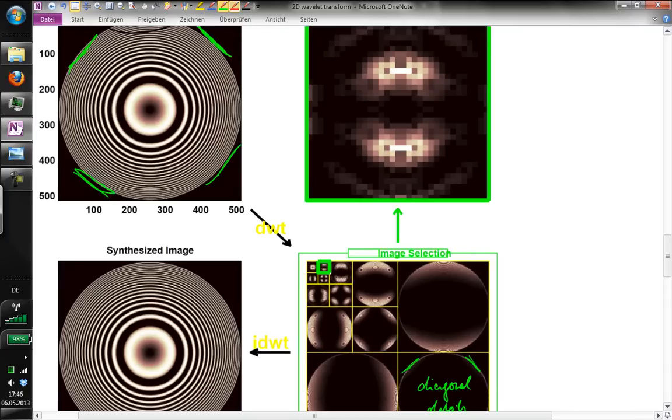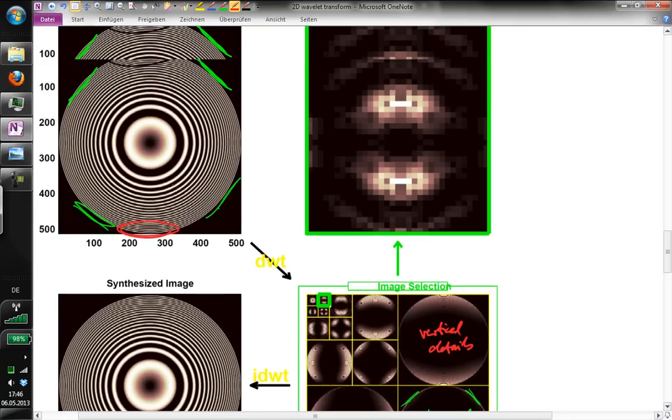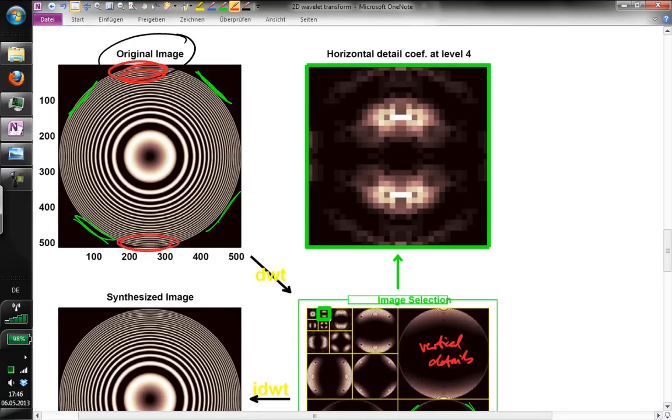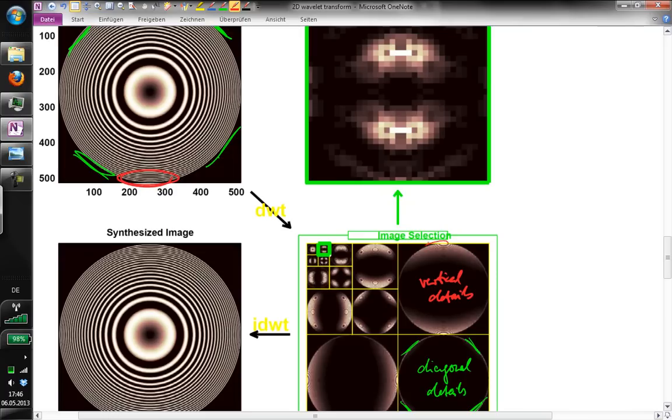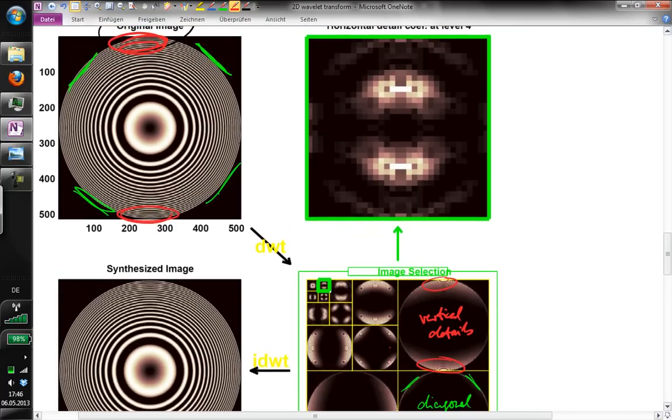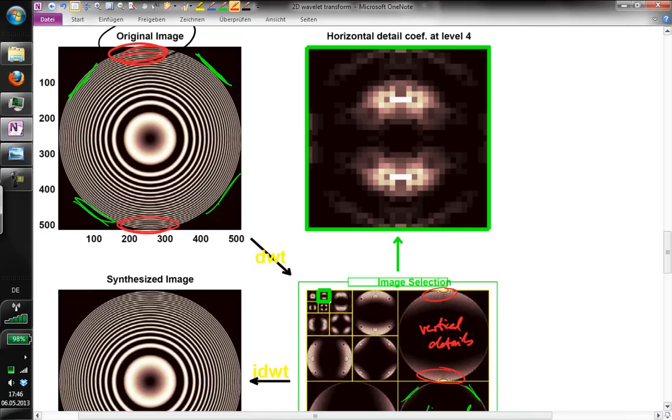Then if we ask for very small vertical details, we find them mostly here and there, which is where you see coefficients with larger magnitude. Same goes for the horizontal coefficients. And now what's interesting is, as you see in this test image, the spatial frequency is not constant.